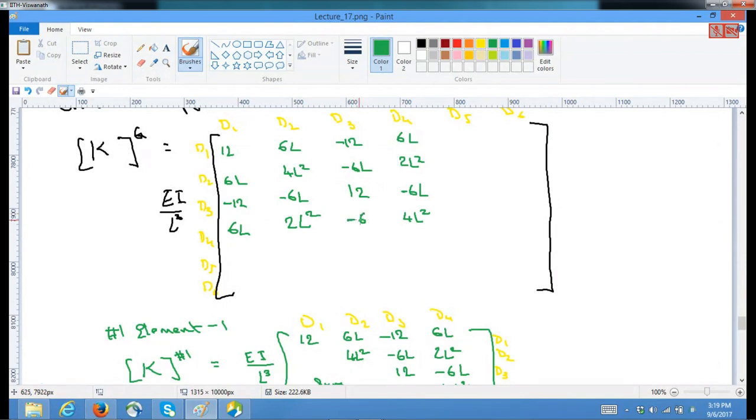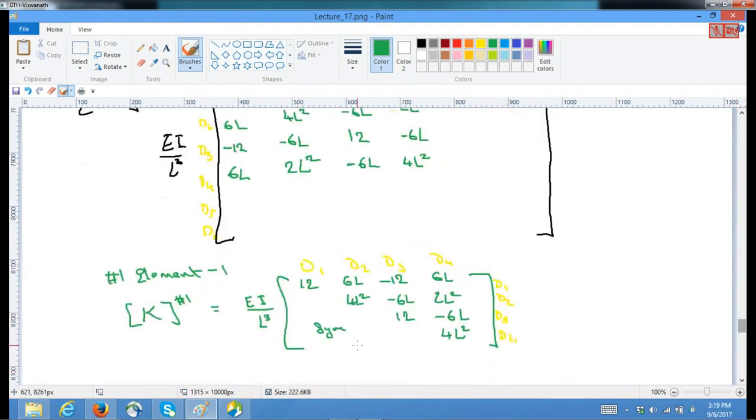Now this is the contribution coming from the element 1.